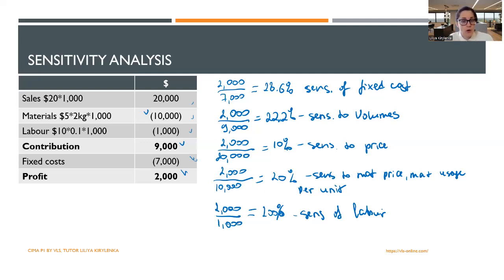So labor cost can actually change quite a lot before it's going to impact our decision so much that we will decide not to sell the product. And the problem with sensitivity is that these percentages do not give us a clear decision rule, and we need to apply our judgment.